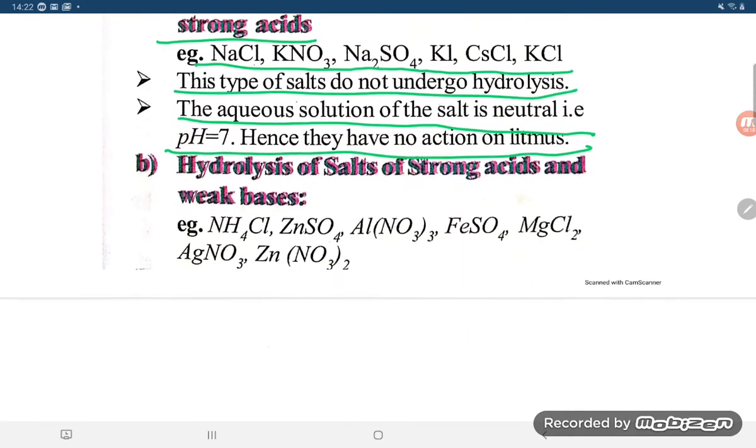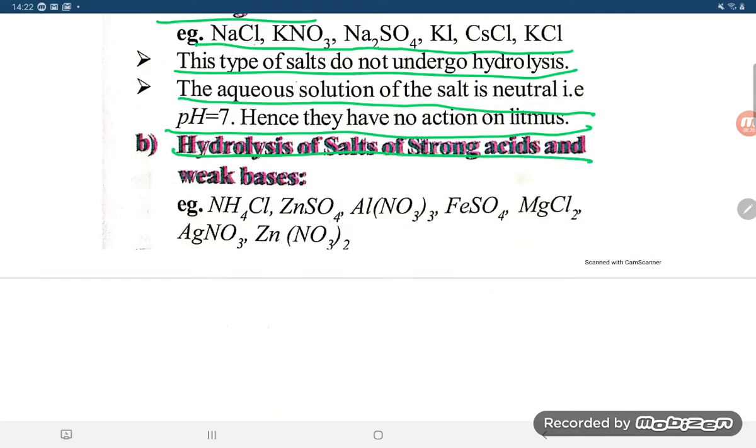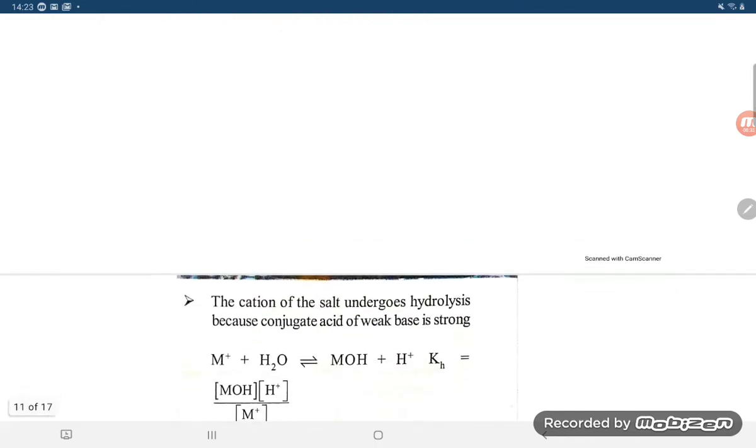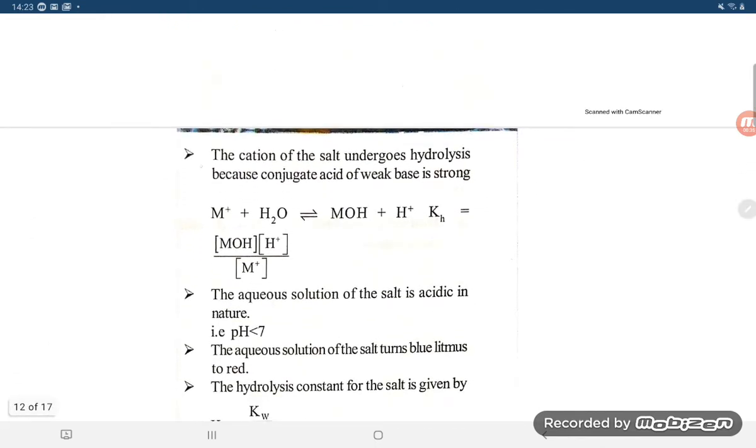Hydrolysis of salt of strong acid and weak base: NH4Cl, ZnSO4, Al(NO3)3, FeSO4, MgCl2, AgNO3, Zn(NO3)2. The cation of the salt undergoes hydrolysis because the conjugate acid of a weak base is strong. So M+ plus H2O gives MOH plus H+.